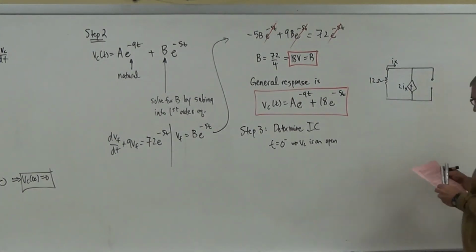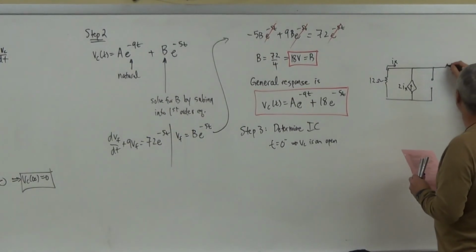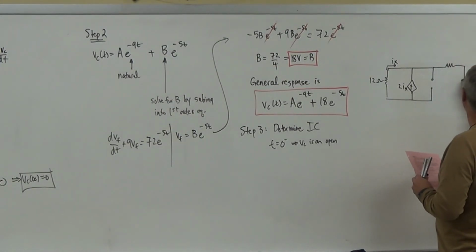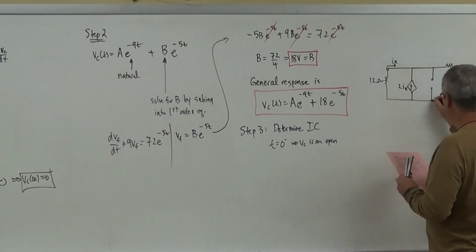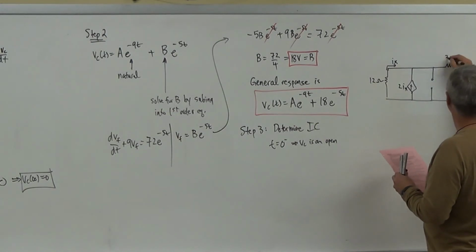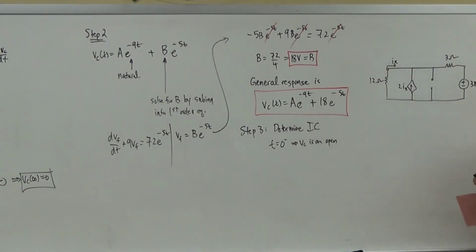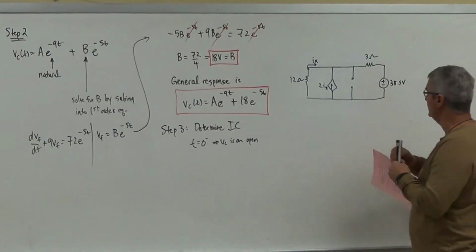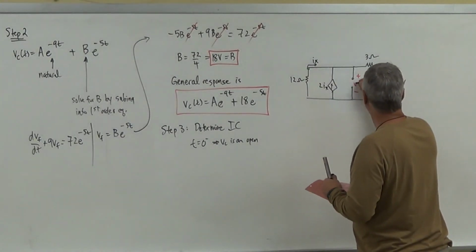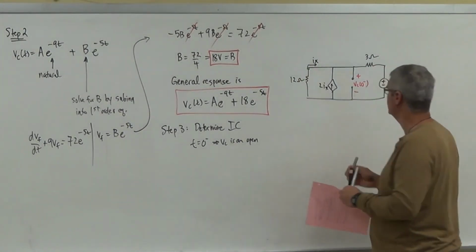If I have an open there, then I have my switch here, which is the 3, and then I have a source here that reads 38.5 volts, and this is a 3 ohm. And what we know here is that we're interested in this guy right here, Vc of 0 minus.